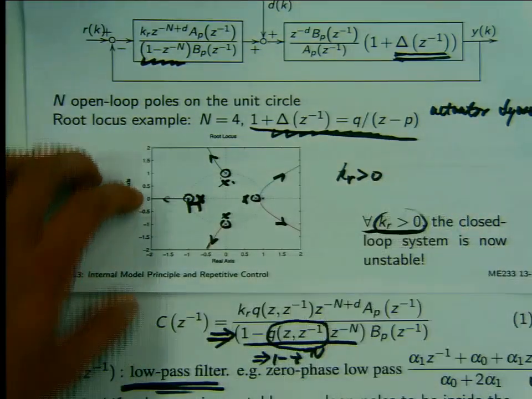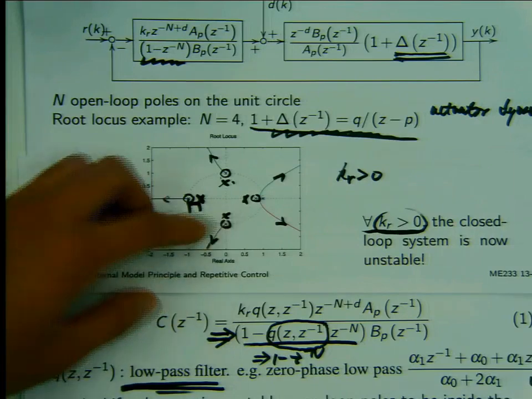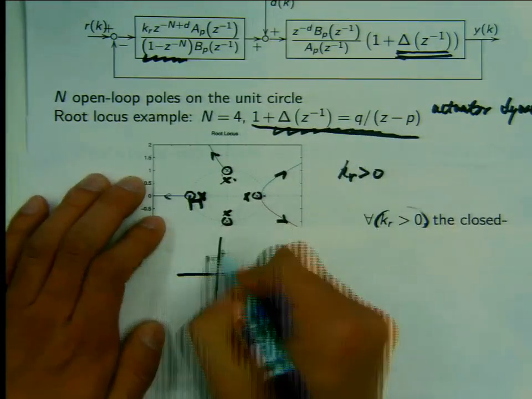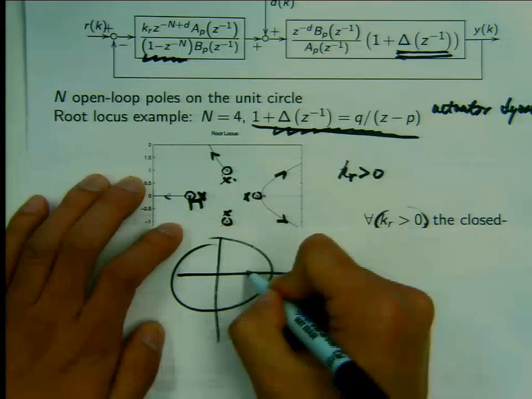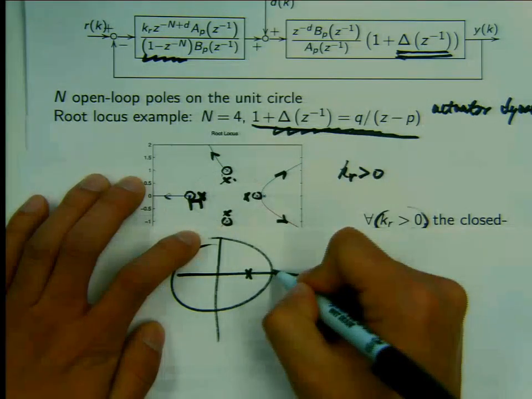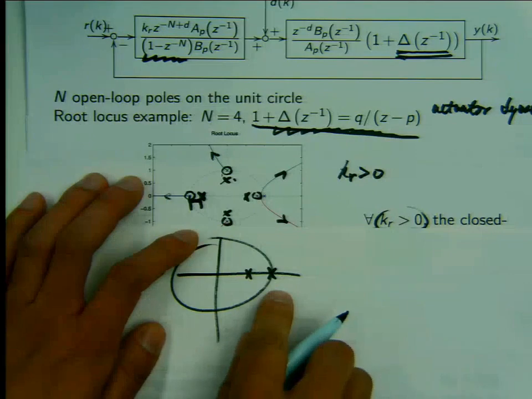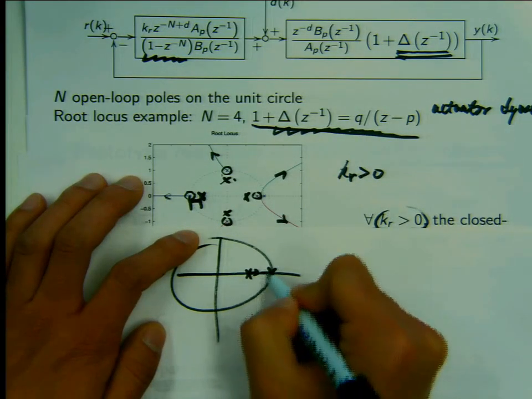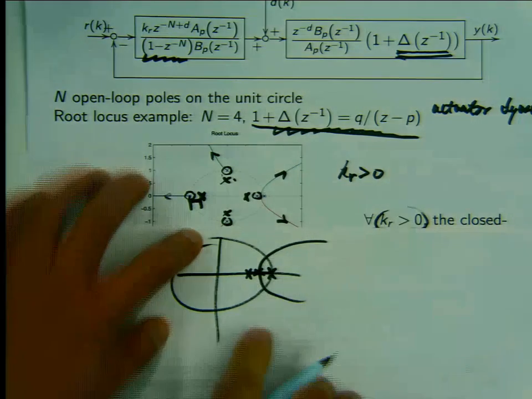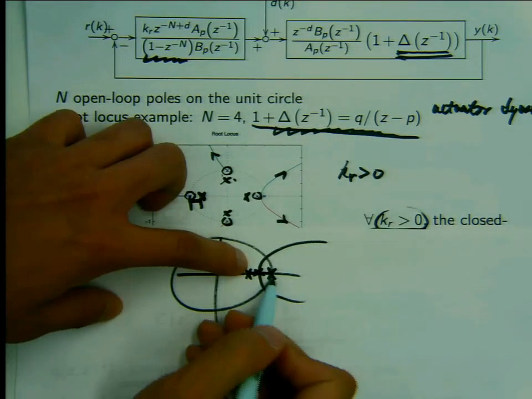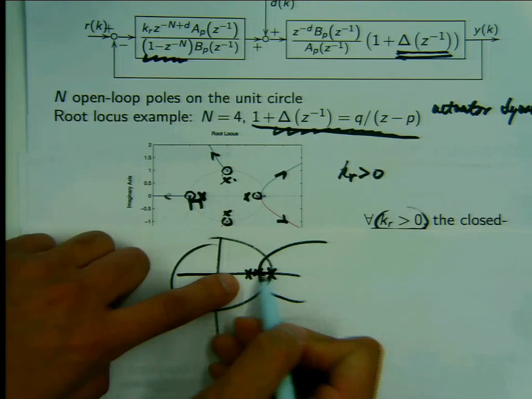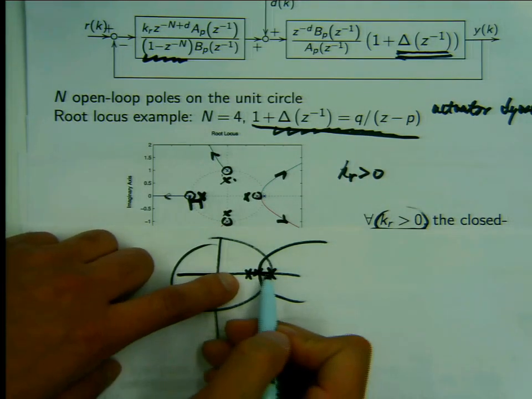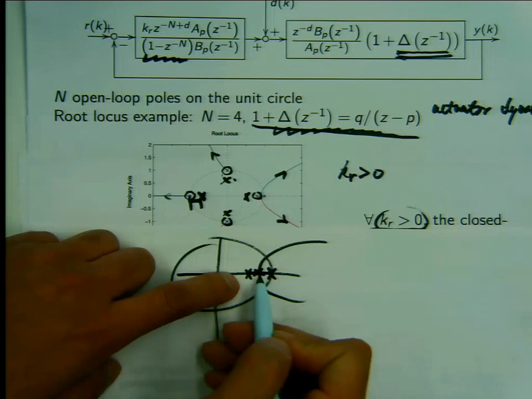If you zoom into this picture, this is what you will see. I have a pole here, and I have another pole here. These are the marginally stable poles. The root locus goes like this, and then out. So even if it's marginally stable, it's first going to go inside before it reaches instability. When it's still here, it's stable.